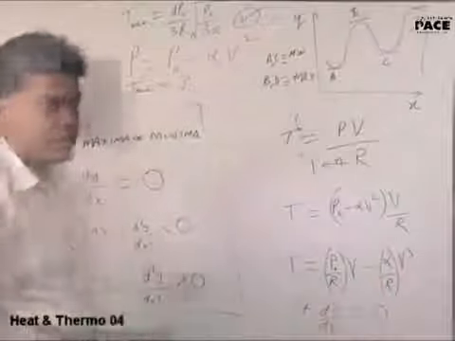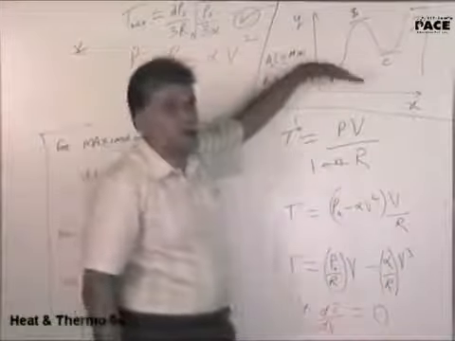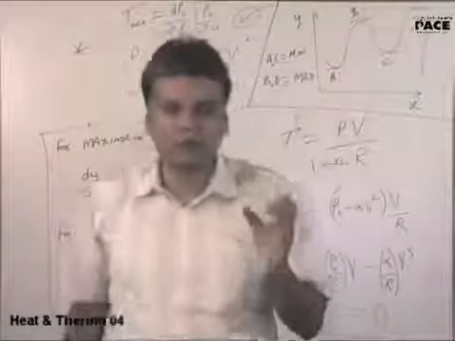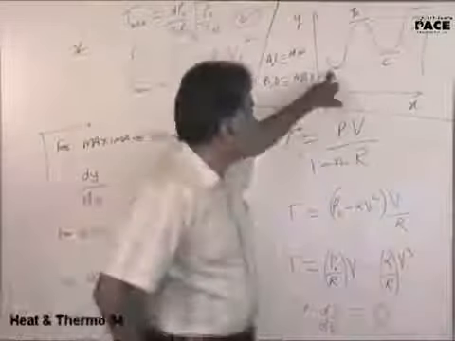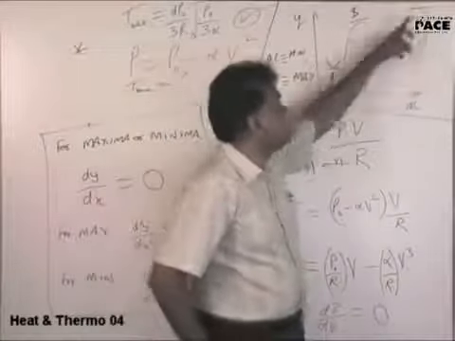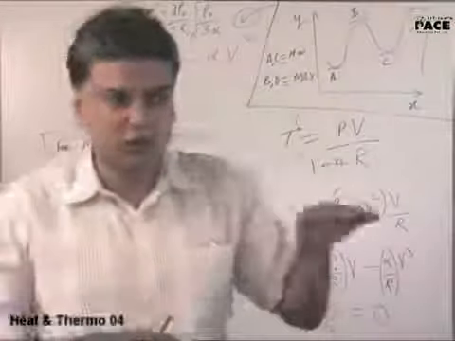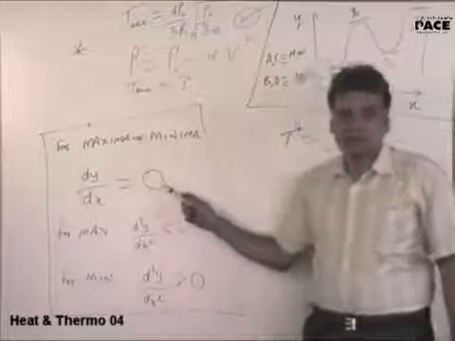Yeah, is that fine? Now, at maxima or minima, the slope is 0. Are you aware that slope equals dy by dx? So here you can see that A and C are minima, B and D are maxima. But whether it's minima or maxima, slope will be 0 as shown by those red lines. So hence we have put dy by dx equal to 0.